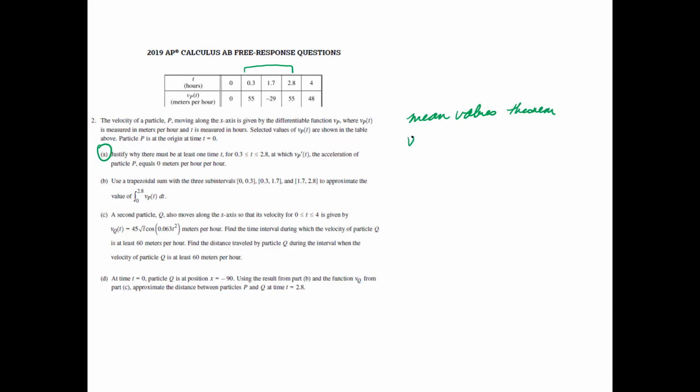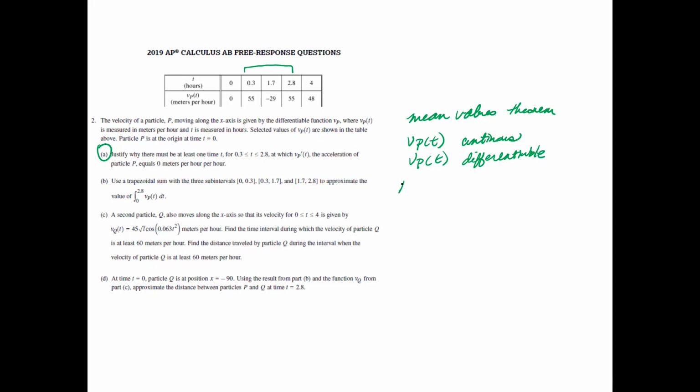One is that V sub P of T must be continuous, as in there's no breaks in between. And also V sub P of T has to be differentiable, as in you're able to find a derivative.